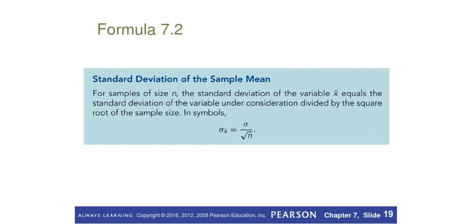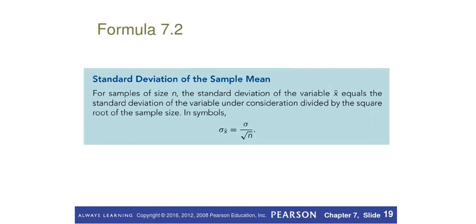But what's more, there's a relationship between the standard deviation of the sample mean and the population standard deviation, and it goes like this. If we take the standard deviation of the variable x bar, that's the standard deviation of our sample means, it will equal the standard deviation of the variable under consideration, that is its population standard deviation, divided by the square root of the sample size itself.